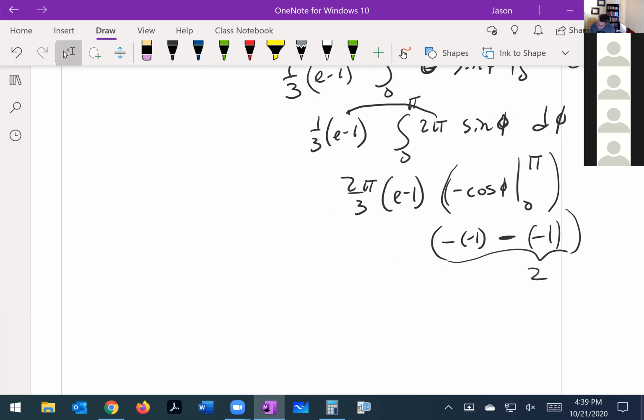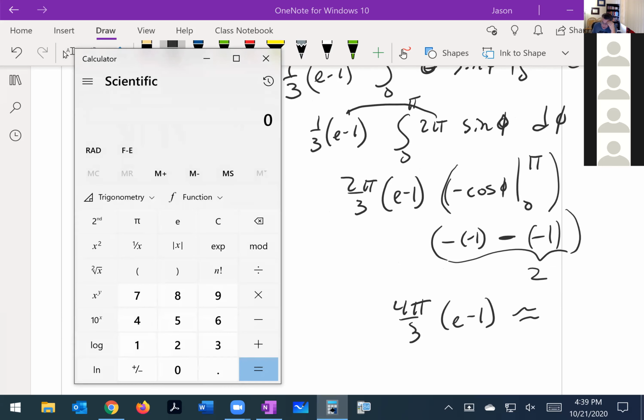So I'm going to multiply that. I'm going to get 4 pi over 3 e minus 1, which is approximately what? So this is going to be 4 pi. Let me clear that. 4 times pi divided by 3, parentheses. I'm going to go 4 divided by 3 first.